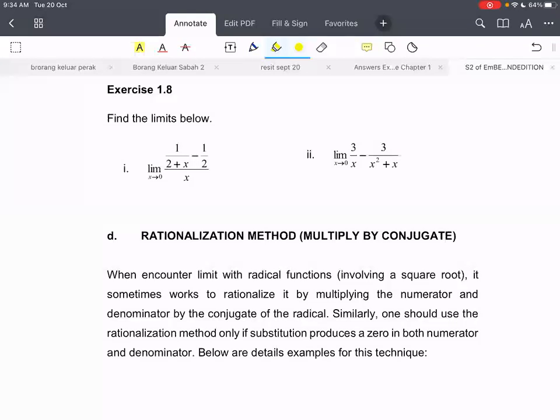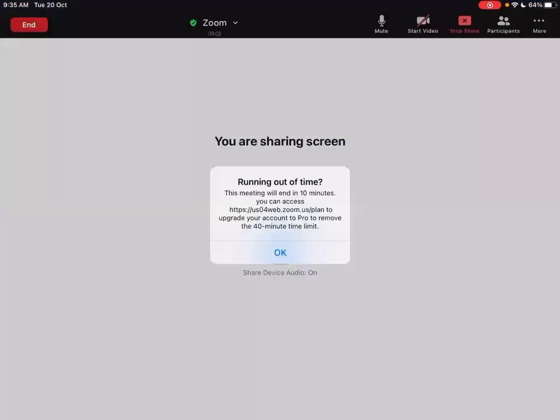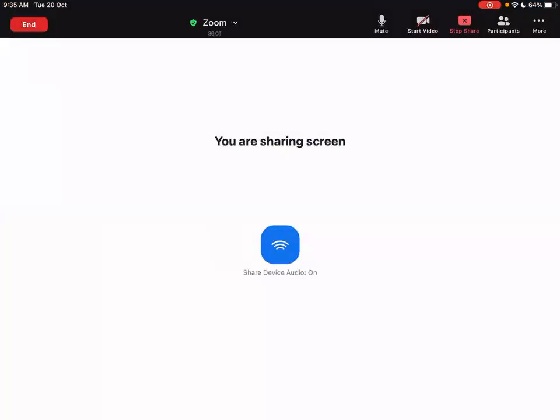I'm afraid that we're running out of time now. Maybe someone can screenshot this, exercise 1.8. Let me check. Yeah, it's about time.